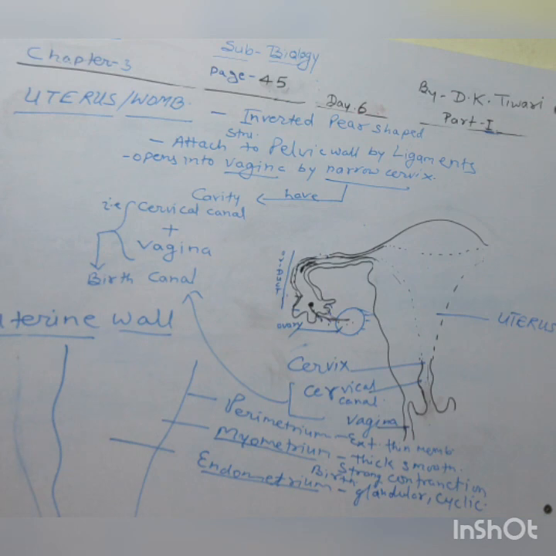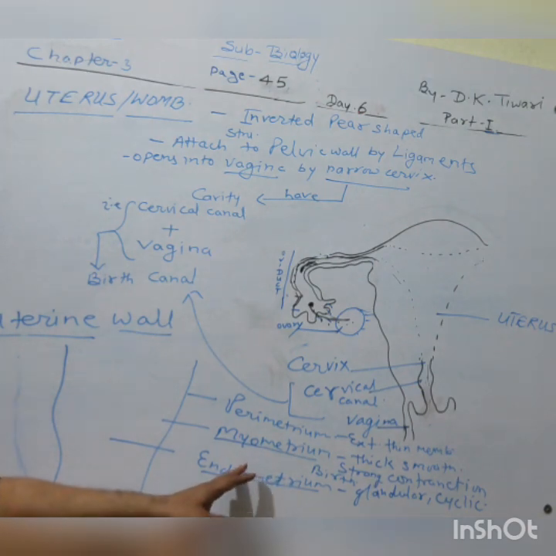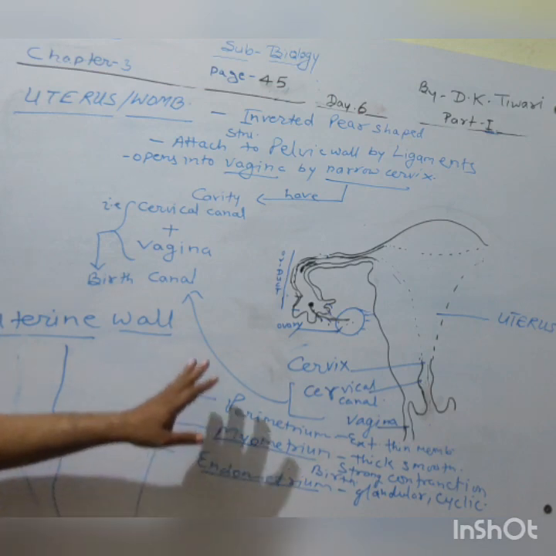So it is a glandular structure. With each menses it is shed off and regained gradually, and that is why it is called glandular in nature. So now we have completed the uterus.